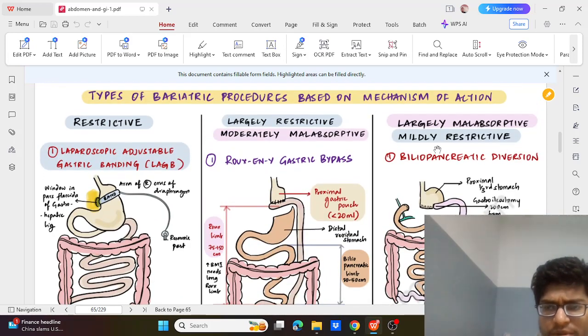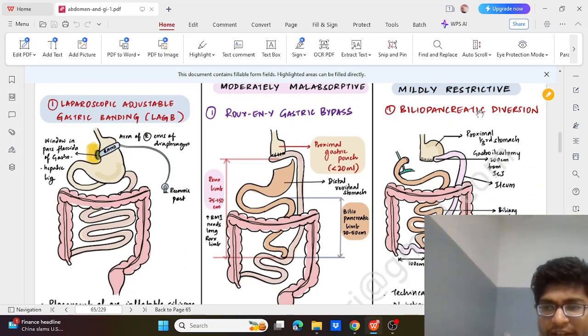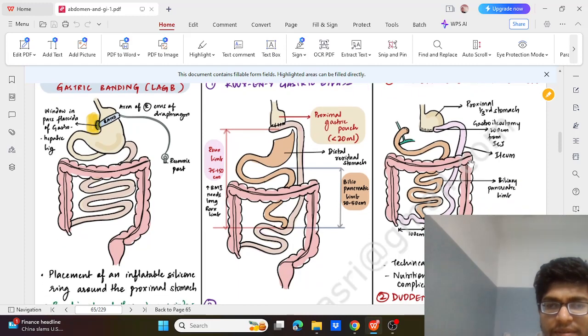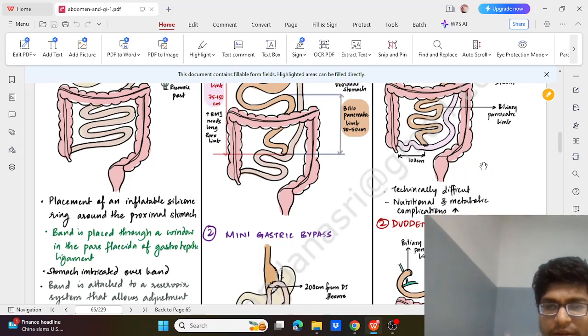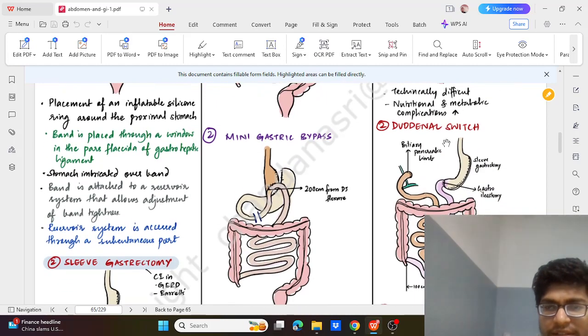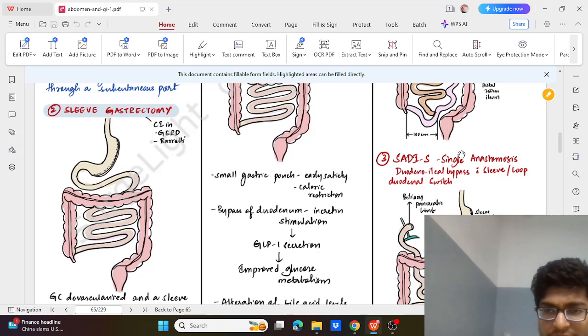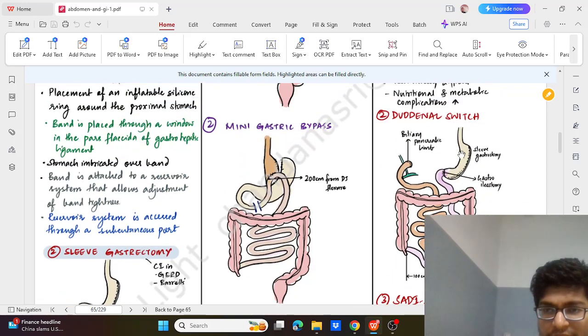Then largely malabsorptive and mildly restrictive: these are the biliopancreatic diversion. These are rarely done nowadays due to technical difficulty and nutritional and metabolic complications. Then we have duodenal switch. Again, it is rarely done nowadays.